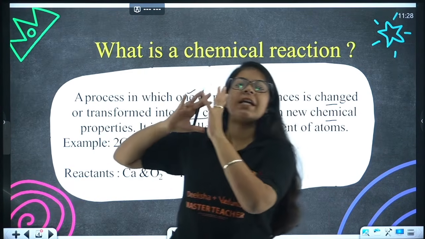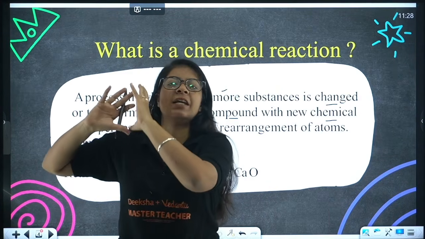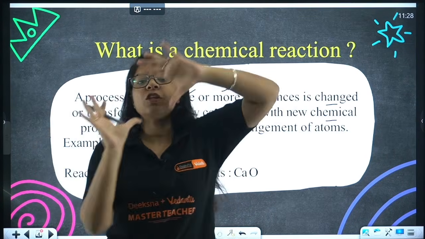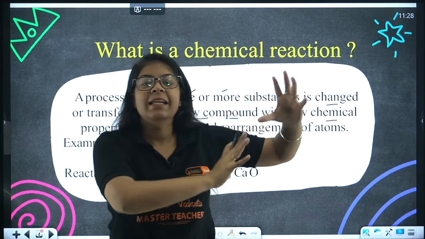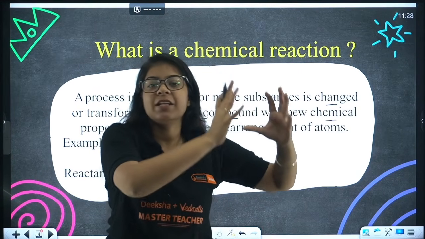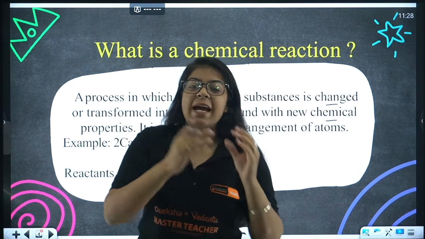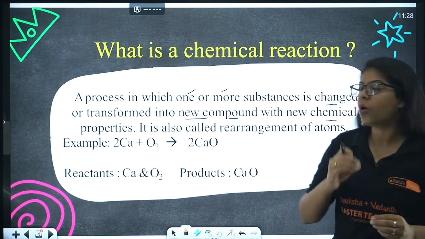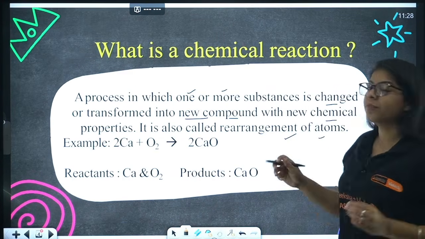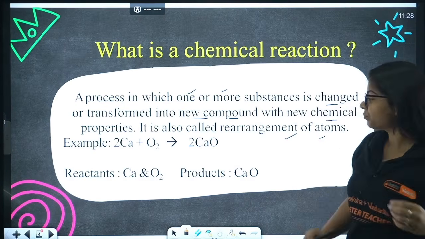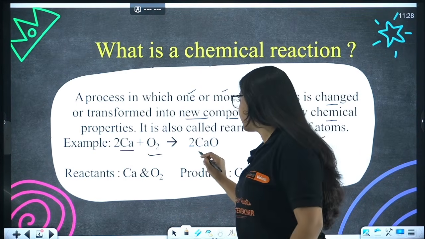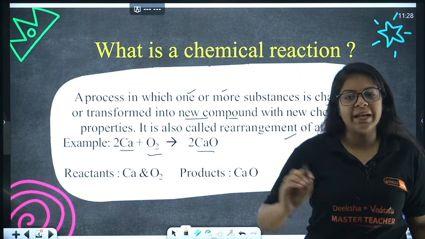So atoms are arranged in tea leaves, in sugar, in water, in a different kind of manner. But when they get converted into tea, the rearrangement happens. The arrangement of atoms changes, and hence we say that a chemical reaction is also called rearrangement of atoms. Done? A basic example is calcium plus oxygen gives us calcium oxide, right?